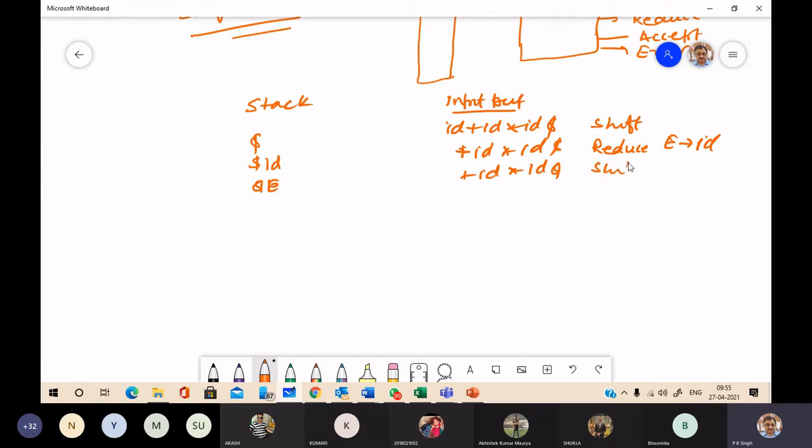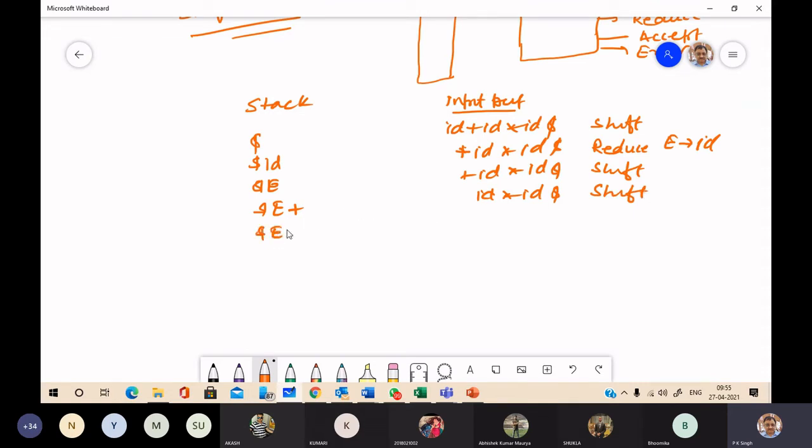Again the action is shift: E plus is shifted, ID asterisk ID dollar. Again shift: ID is shifted.